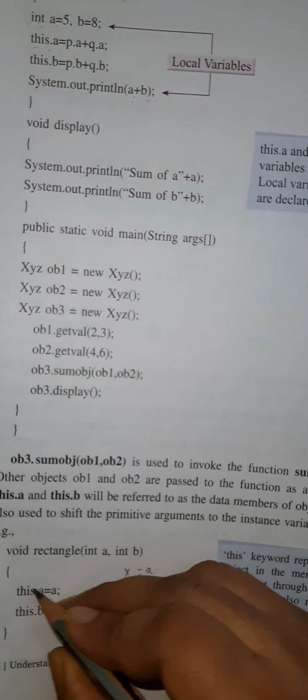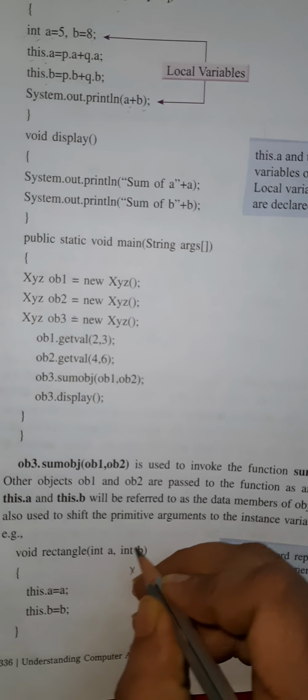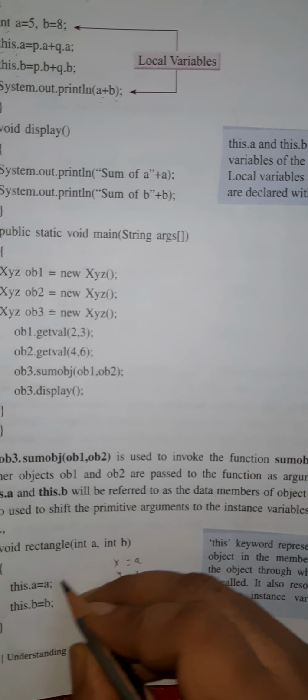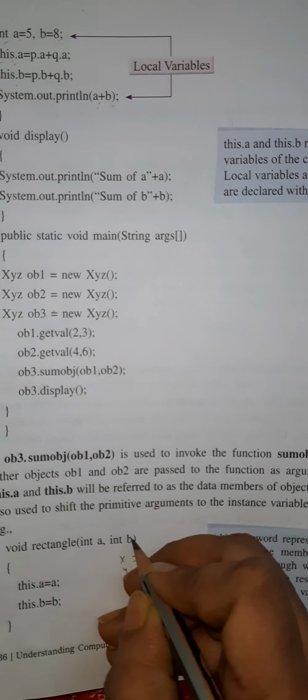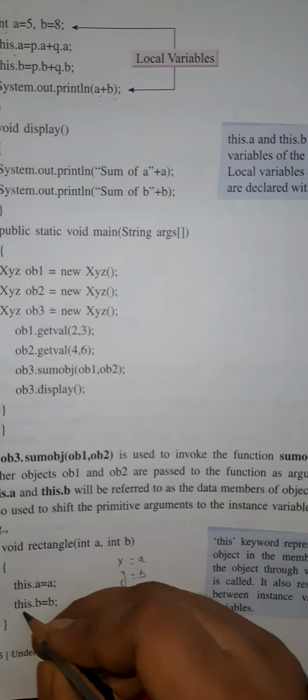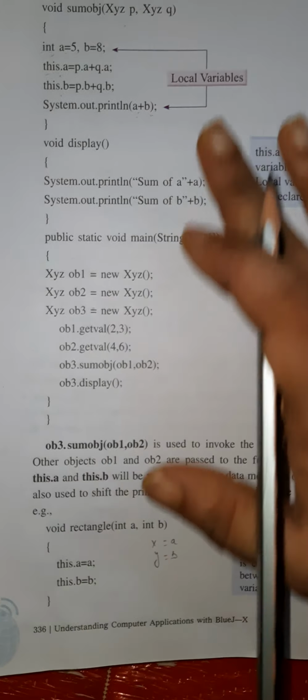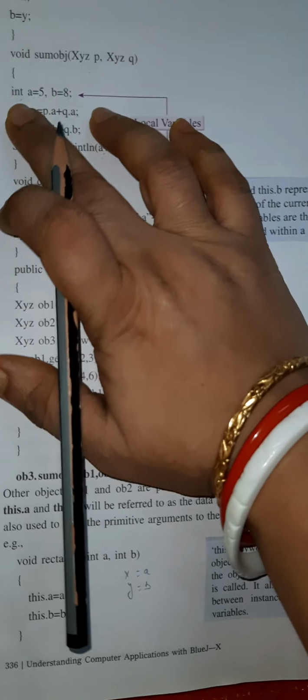But in this case we are taking the same variable names which we are passing through the parameter. So if you are using the same variable names as in the parameter, in that case also we use the this operator. So you can understand the use of the this operator.